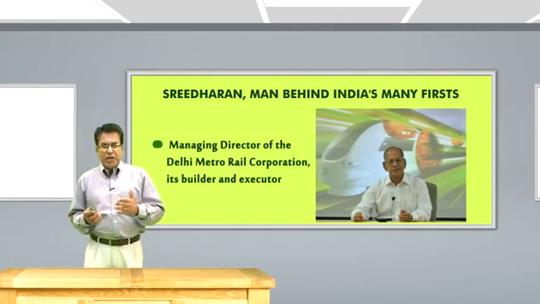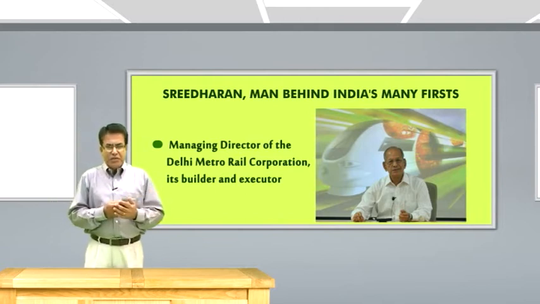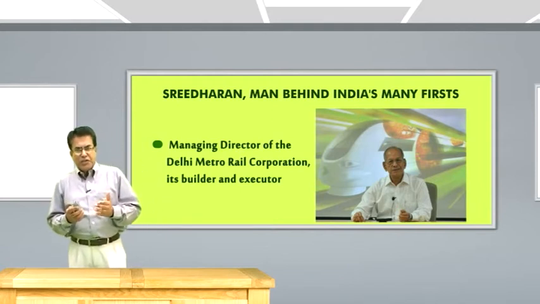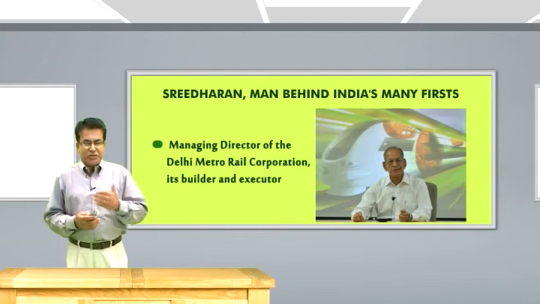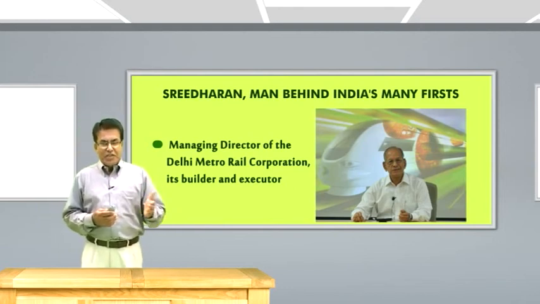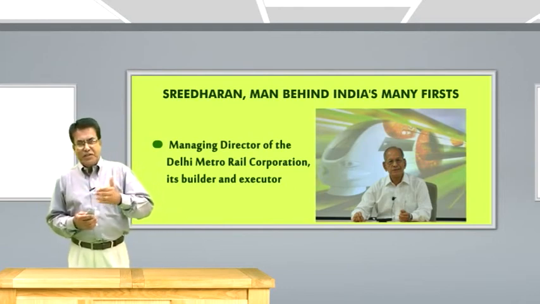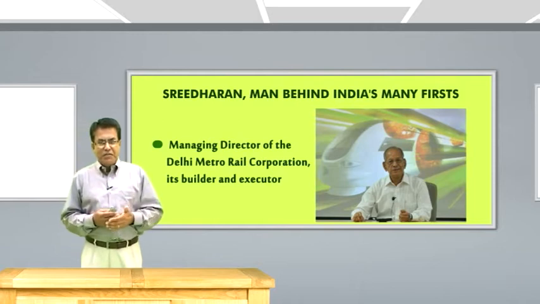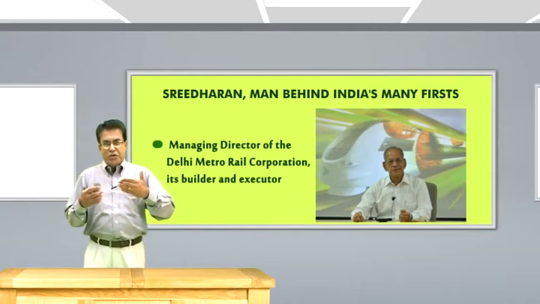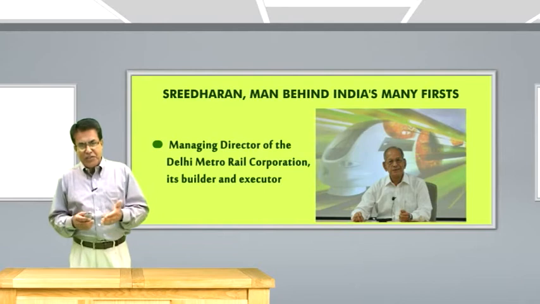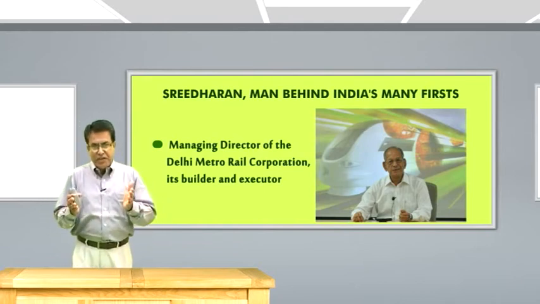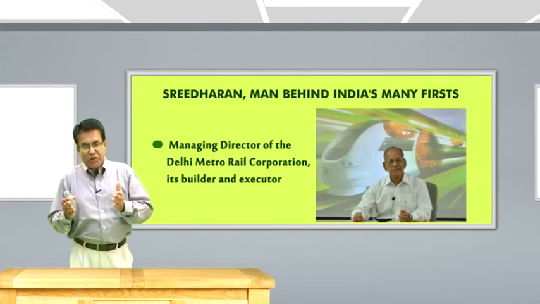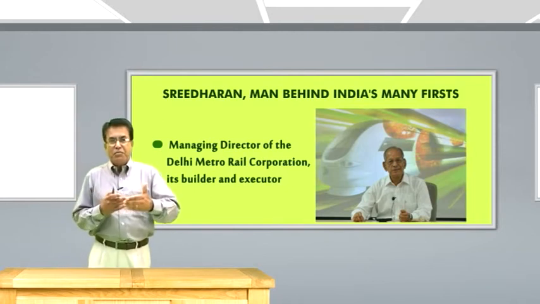Likewise, a good manager may not be a good technical person. But it is a unique combination in Sreedharan: he is both a technical person as well as a very successful manager. He has vast experience working in different departments of the railway. We all know how successful he has been in timely completing a mega project like Delhi Metro, and he even has the credit of completing it before time.